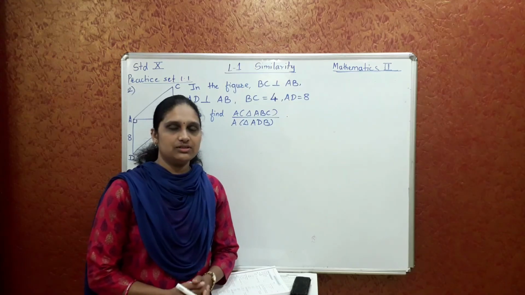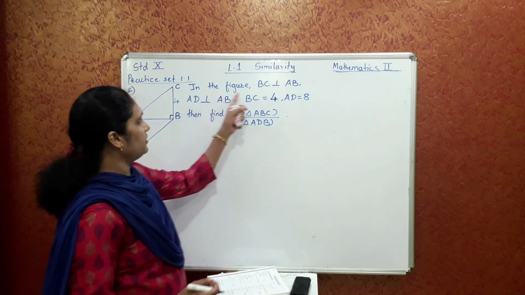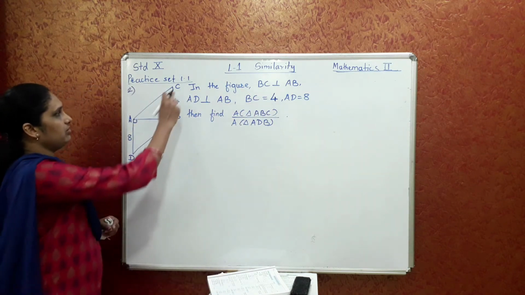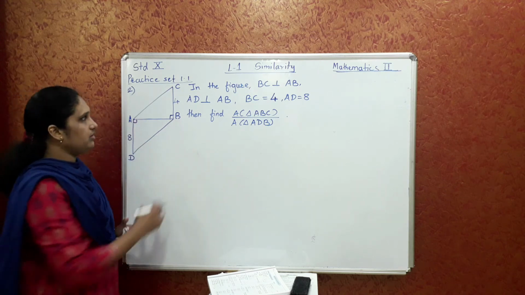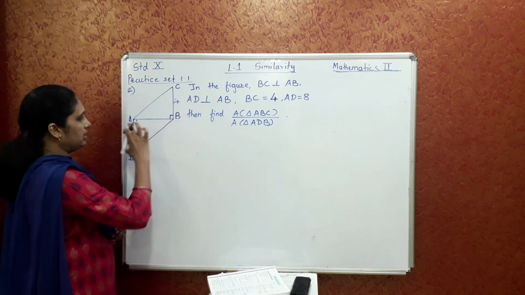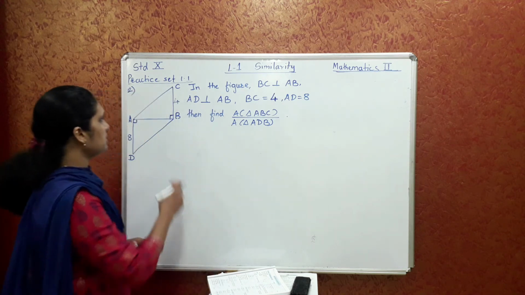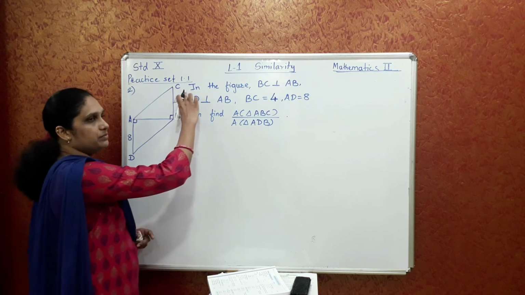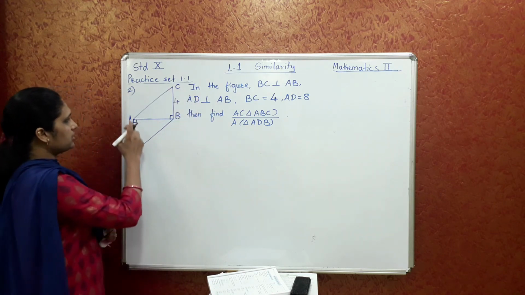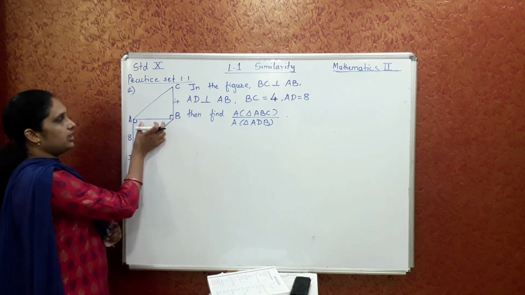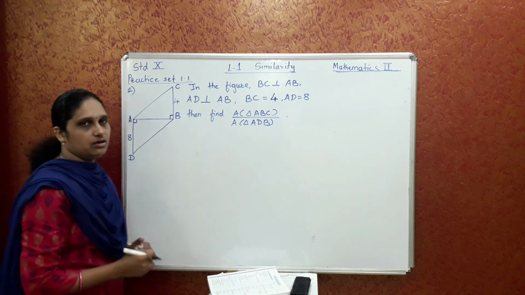We are going to see the second sum from the practice set. The second sum is: in the figure, BC is perpendicular to AB and AD is perpendicular to AB. BC is given as 4, AD is given as 8. Here students, if you observe in triangle ABC, BC will be the height and AB will be the base. In triangle ABD, again AB is the base and AD is the height.